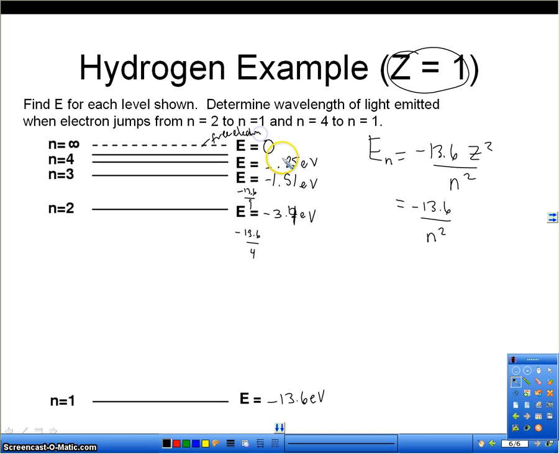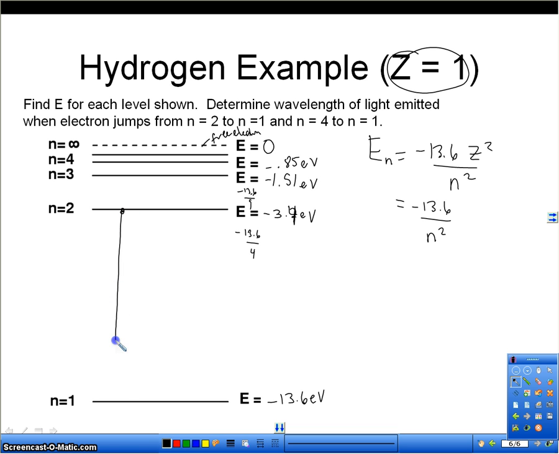Okay, so that's the first thing you have to do when you're working a problem, is you have to figure out what these energy levels are equivalent to, so that when I make transitions, I'll know how much energy is involved. So now they say determine the wavelength of light emitted when an electron jumps from the n equals 2 to the n equals 1.